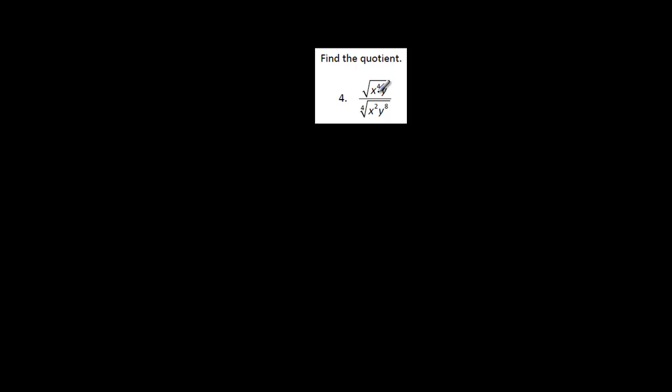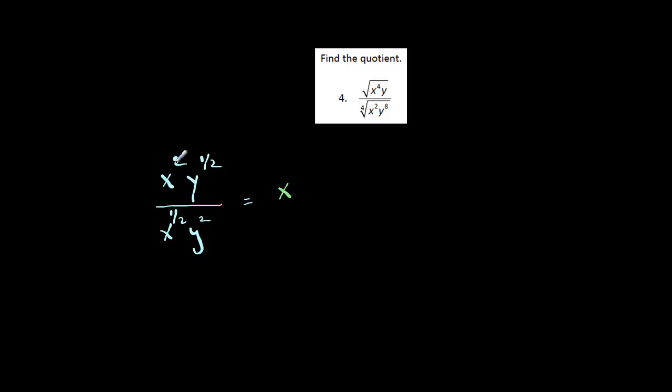What we'll do with this one is we're going to change these radical forms to exponential forms. So we're going to have x to the 4/2, which is 2, y to the 1/2, divided by x to the 2/4, which is x to the 1/2, y to the 8/4, which is y squared. Now when you divide with the same base, you subtract the exponents.